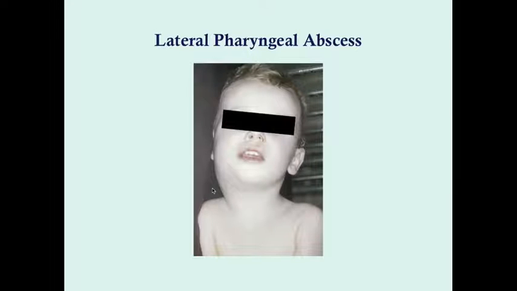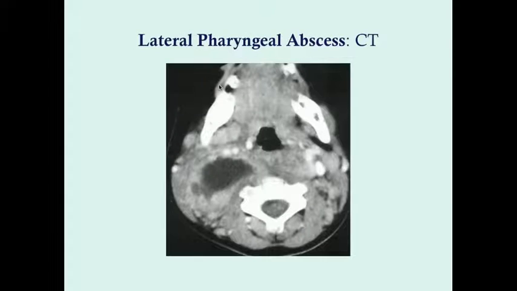So here's an example of a child with a posterior lateral pharyngeal abscess. You note that he's got swelling all the way down to the level of the hyoid bone, which would be about right here. Here's your lateral pharyngeal abscess. This is probably anterior.